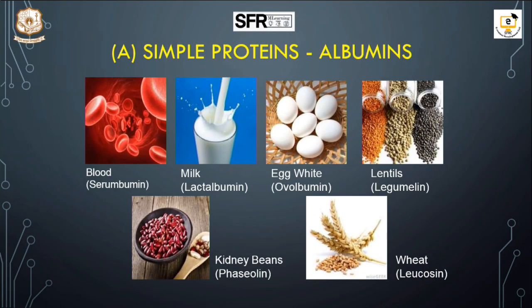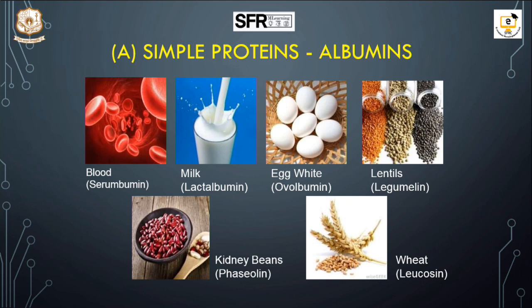These are the examples of simple proteins. The first one is albumin. Albumin is present in blood as serum albumin, in milk as lactalbumin, and in egg white as ovalbumin.